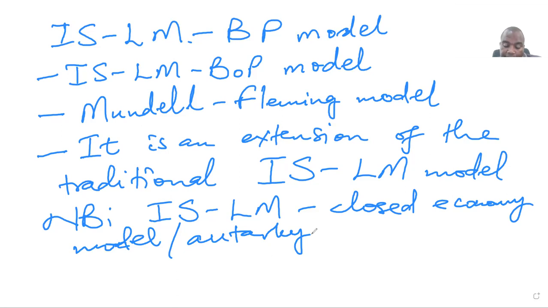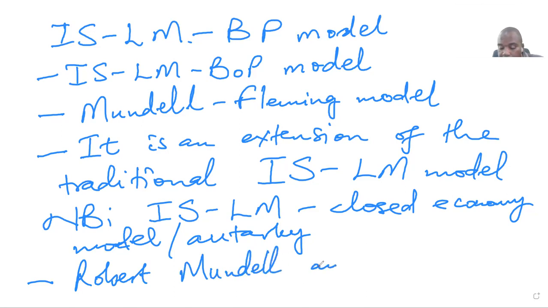With the Mundell-Fleming model, what the two economists did in the 1960s is that they developed a framework for analyzing the determination of equilibrium national income within the IS-LM context for a small open economy. The two economists are Robert Mundell and Marcus Fleming.